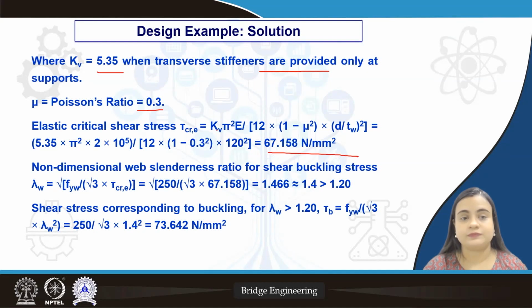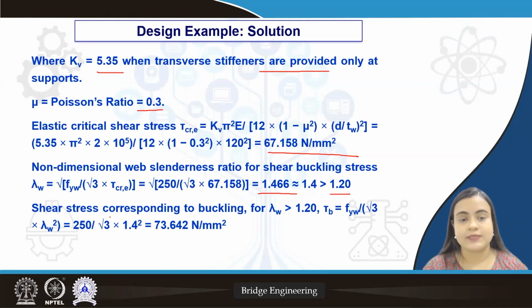67.158 MPa. Now, non-dimensional web slenderness ratio for shear buckling stress, lambda w, can be obtained as square root of fyw divided by root 3 times tau cre. So that can be obtained as 1.466, which can be approximated as 1.4, which is greater than 1.2.